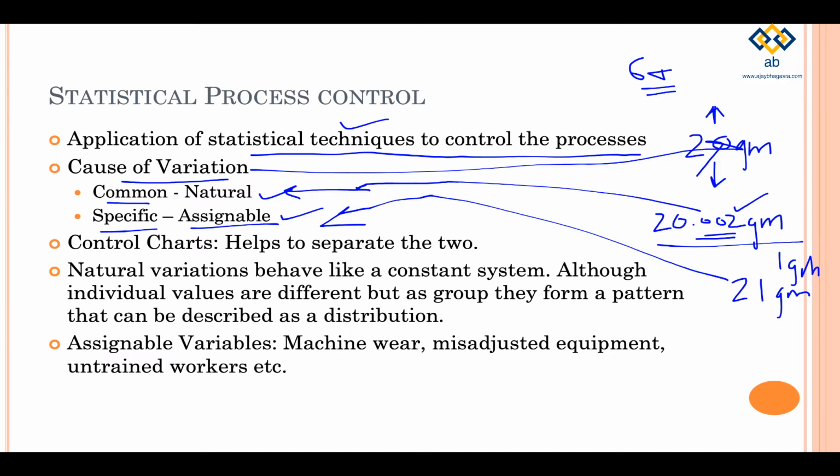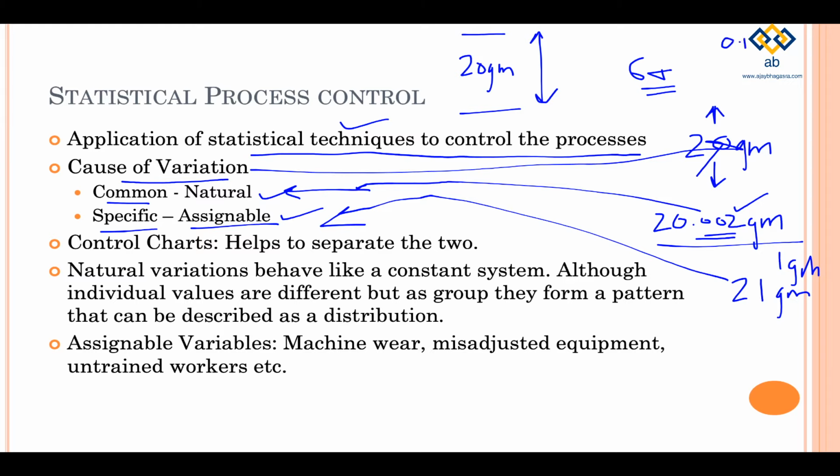So what Six Sigma does is, Six Sigma basically looks at this 20 grams of the thing, and then it assigns the limits, the upper limits and the lower limits. These limits are for variations, right? So suppose the limit is 0.10 gram.